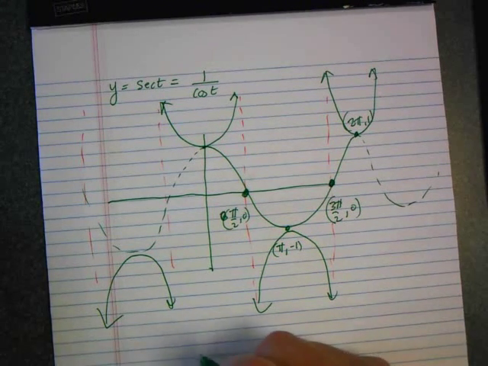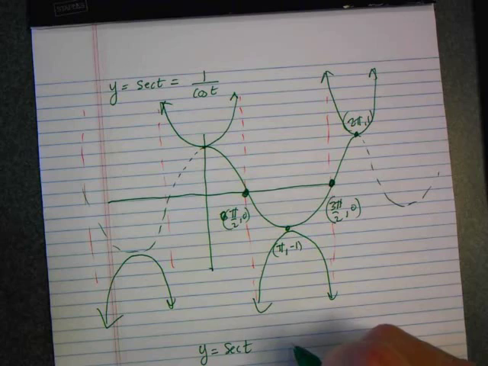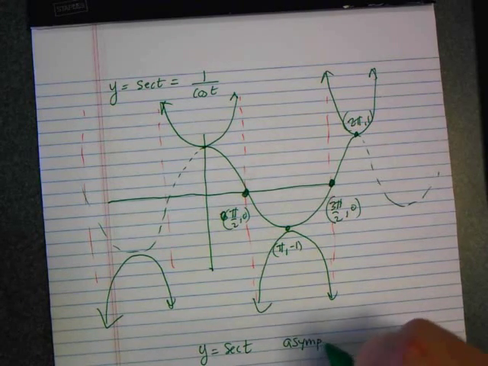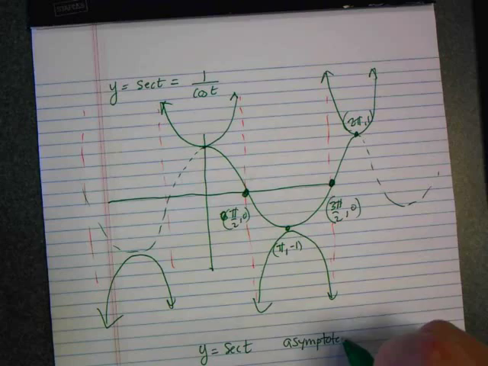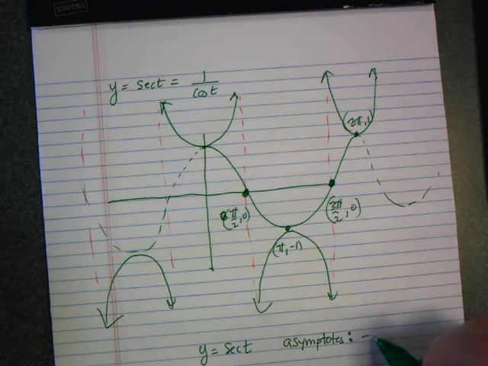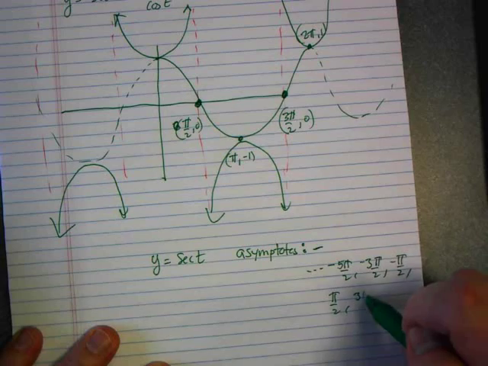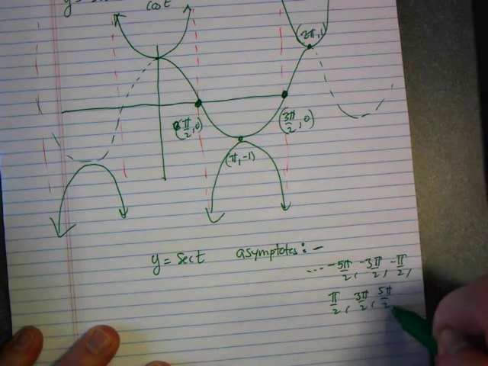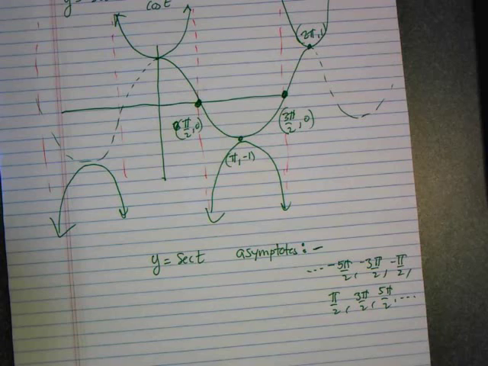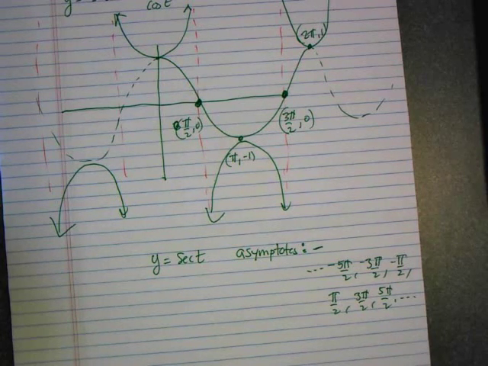So here, for y equals secant t, these vertical lines happen at negative 5 pi over 2, negative 3 pi over 2, negative pi over 2, pi over 2, 3 pi over 2, 5 pi over 2. In just a second we'll draw another graph and I'll show you exactly what I would expect to see.